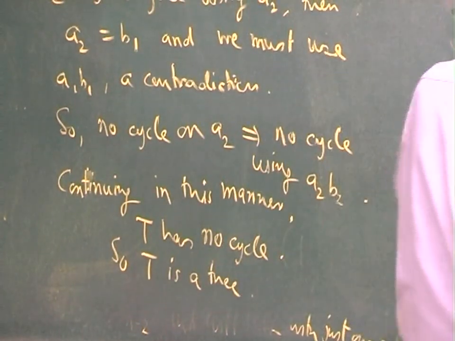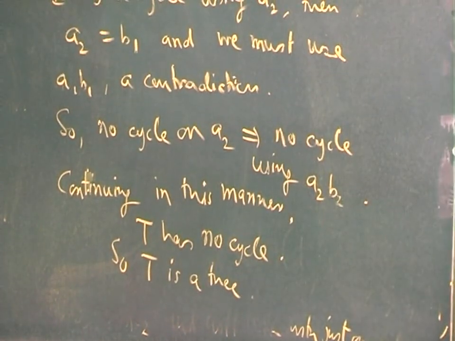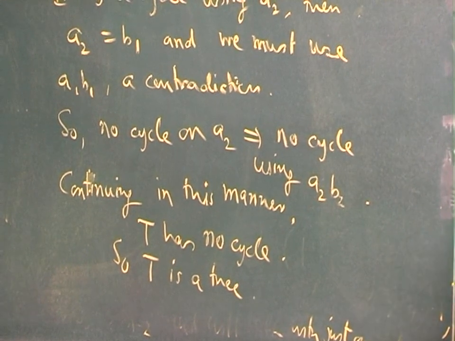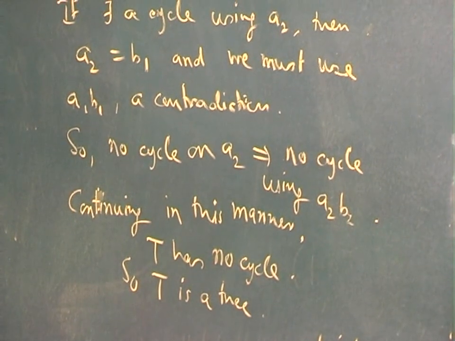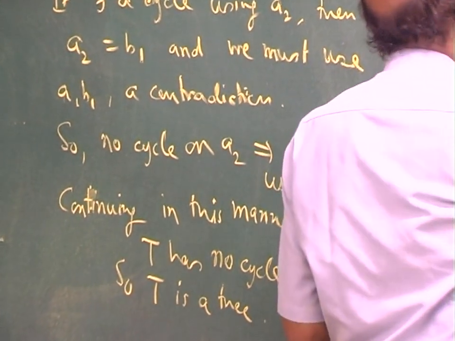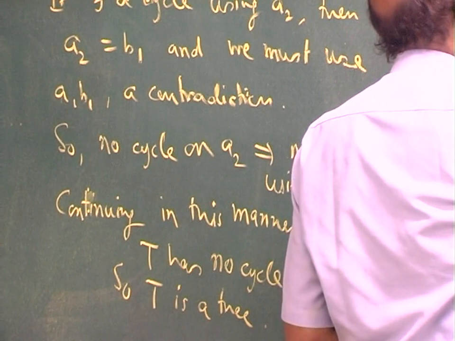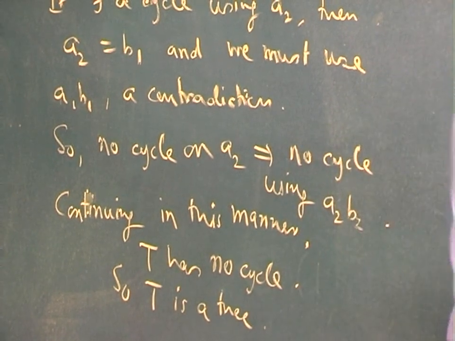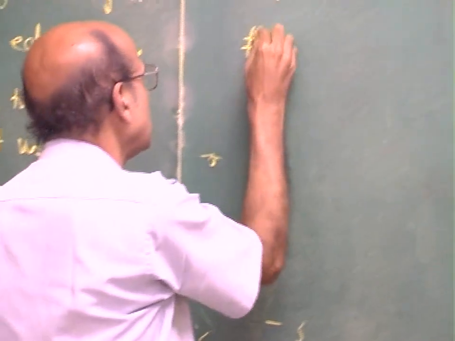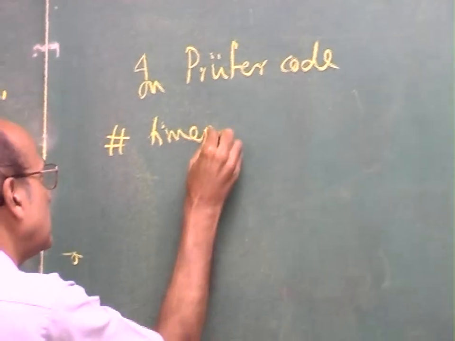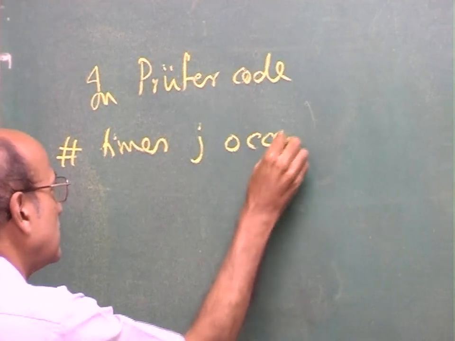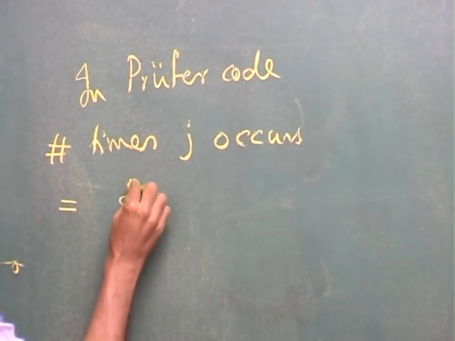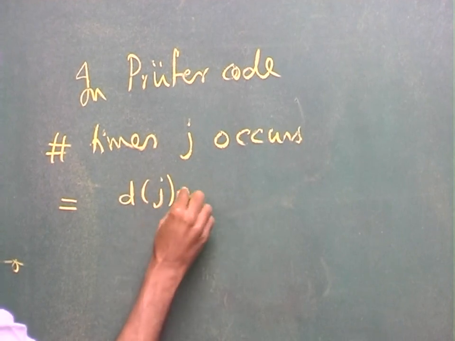A good consequence of the proof for correspondence is, you see that in the proof for correspondence, the number of times vertex j occurs is equal to degree of j minus 1.